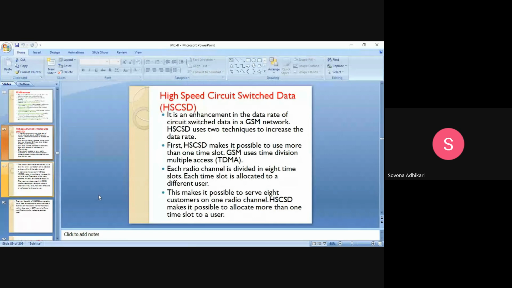This makes it possible to serve 8 customers on one radio channel. And high speed circuit switched data makes it possible to allocate more than one time slot to a user if available.